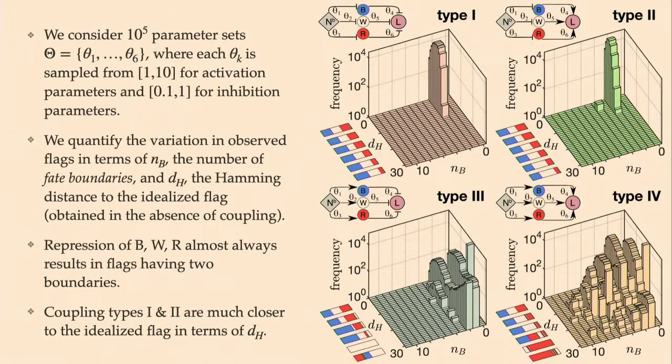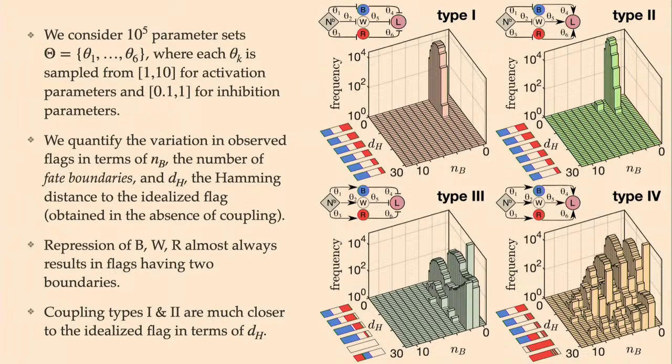And what we are showing is basically along the 2 axes, we are displaying the result. Okay, let me just say what's along the z-axis first, then I'll explain the other 2 axes. Along the z-axis is how many times you are seeing a particular outcome, and the outcome is measured in terms of these 2 measures, the DH and NB.